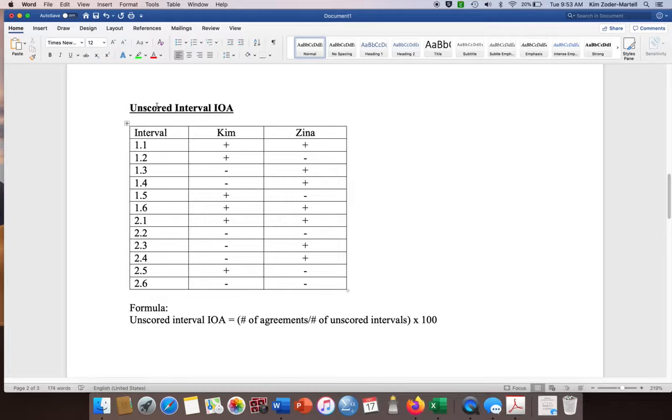So now we're going to do unscored interval. The formula is the number of agreements over the number of unscored intervals times 100. An unscored interval is when one or both of the observers reported that the behavior did not occur. So just like we did in scored interval, we're going to go through and highlight.